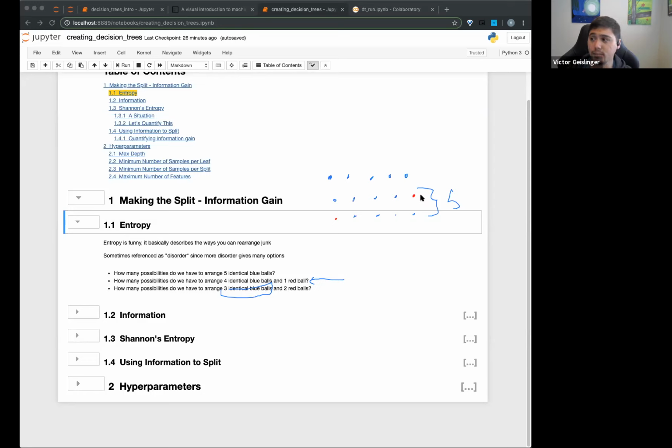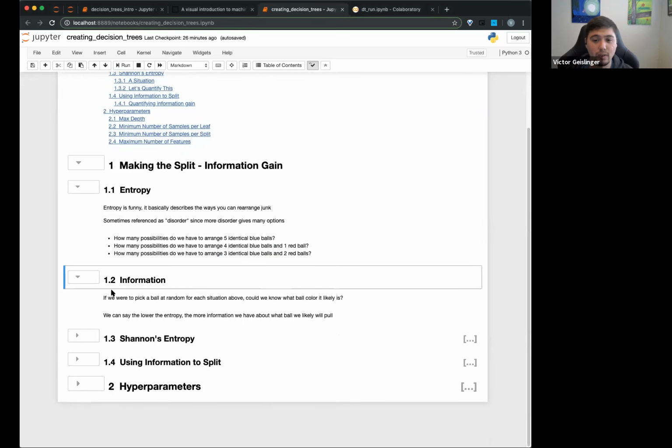Okay. So this leads us into the idea of information. The way you can picture this is, if you pick a ball at random, would you know what color ball it is? Well, for the first scenario, if we have 5 identical blue balls, you know for sure, before we even pick it up, that it's going to be a blue ball.